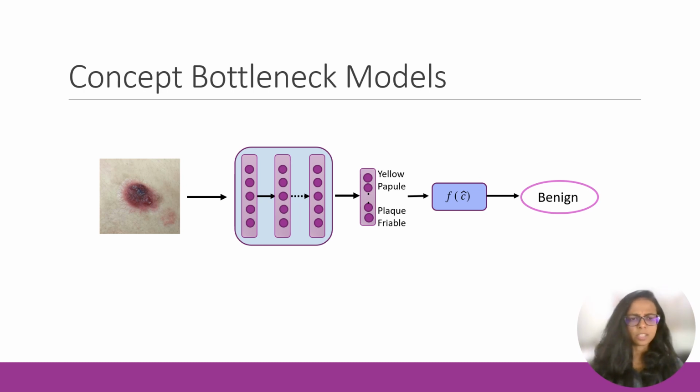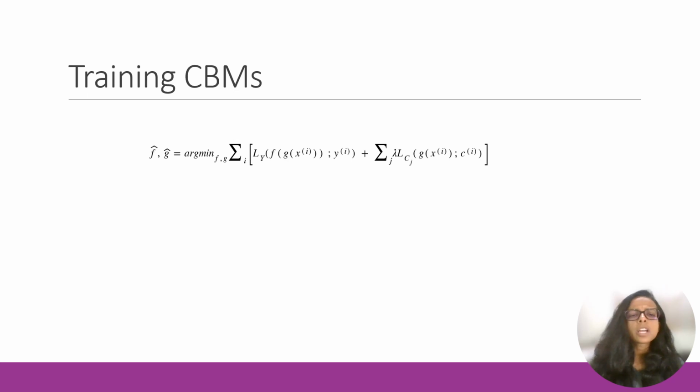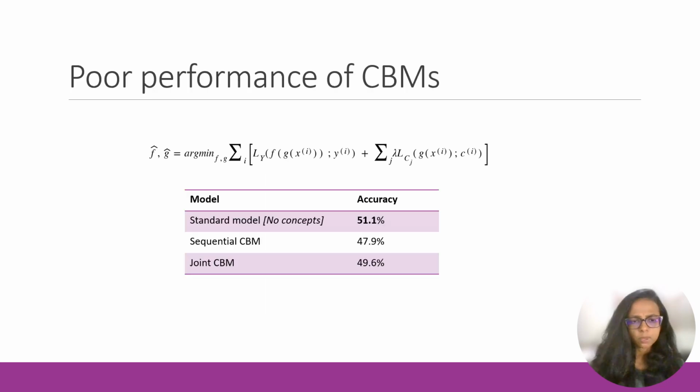Let's look at how we train these models. We are essentially training the concept predictor, since it's a supervised task, and the label predictor simultaneously. Once we train these models, we observe and compare the performance of CBMs compared to standard models. Standard models are those which do not have concepts present, so let's say an off-the-shelf ResNet trained on the dataset, and this dataset is predicting 13 different TIL slides and cancer types.